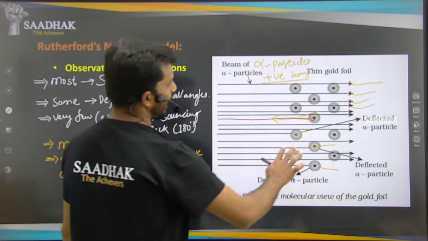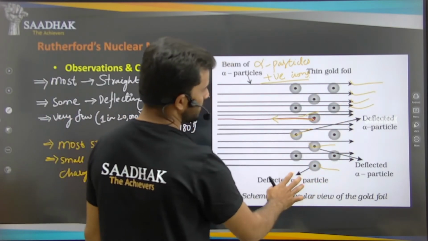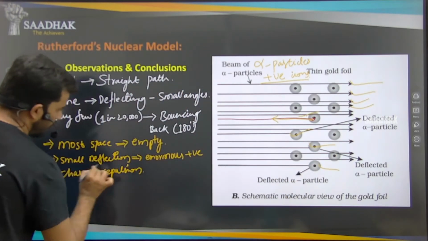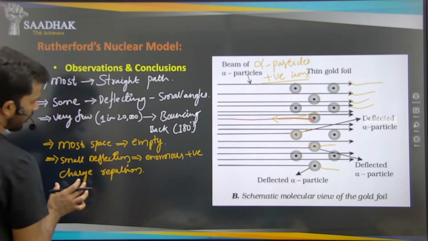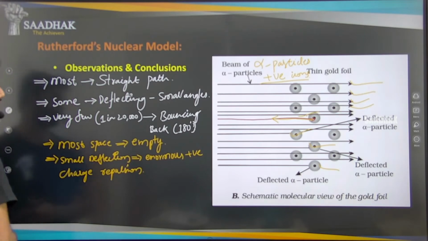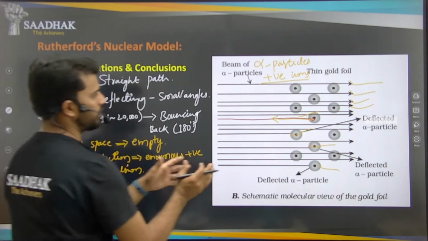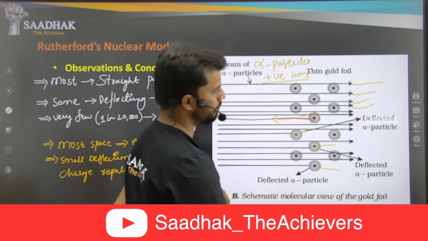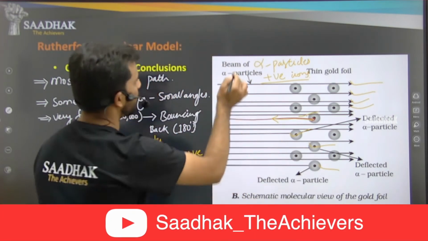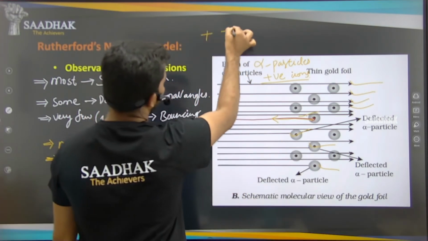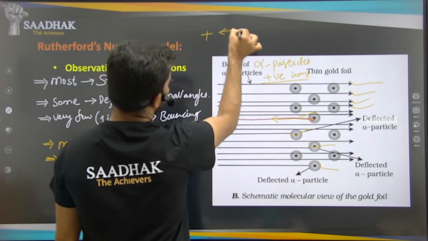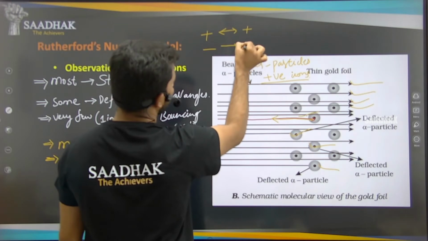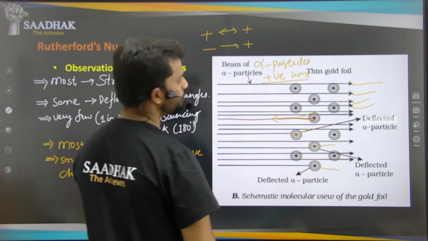Now the atom has positive charge as well as negative charge. So he's saying that the small deflection is due to the enormous positive charge repulsion. Means whatever positive charge we have in that atom, we know that positive will repel positive, and positive will attract negative, right?